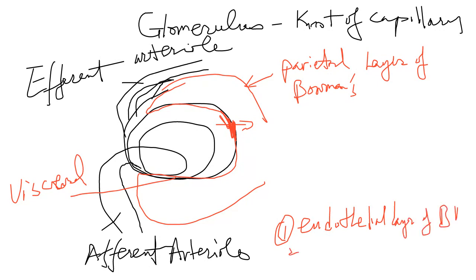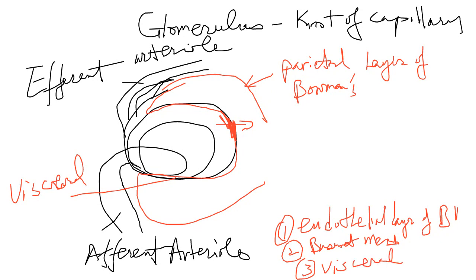You have the basement membrane, and then you have your, in the respiratory membrane, you would say it's a type 1 alveolar cell, but here it would be the visceral layer of the Bowman's capsule.